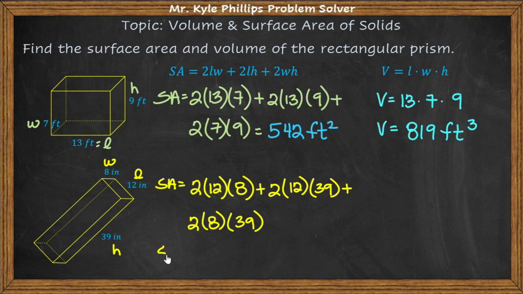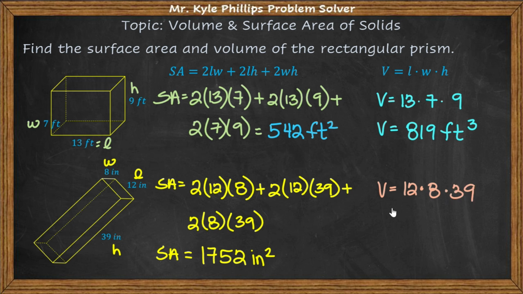39. So here my surface area, we'll do this on our calculator. That's going to be 1,752. And this will be inches squared. Our volume will be our length times our width times our height.